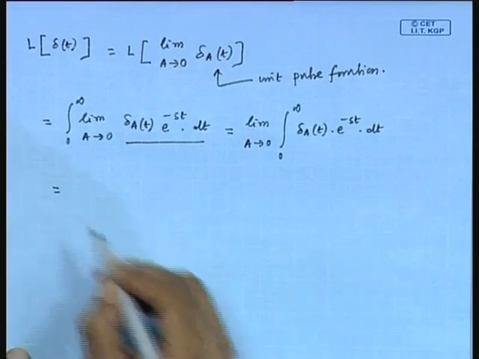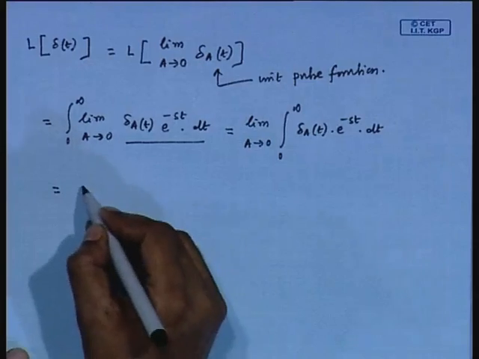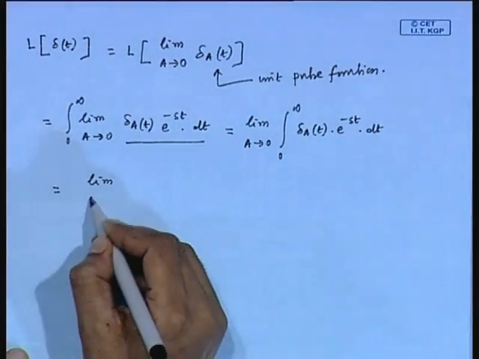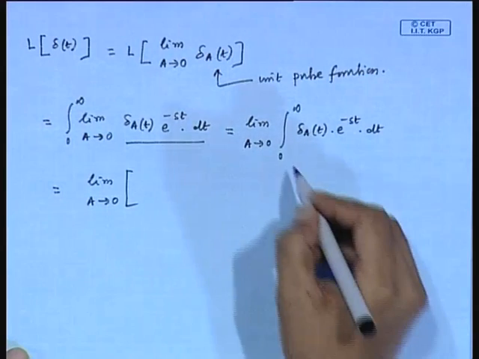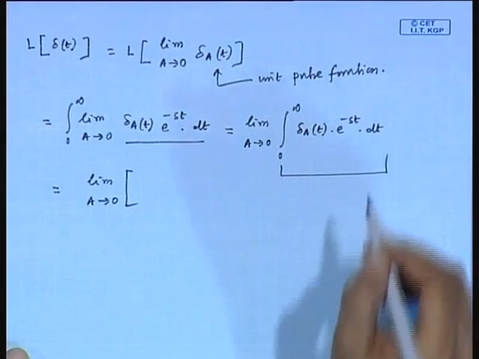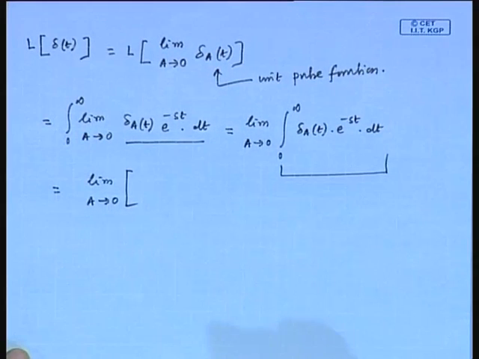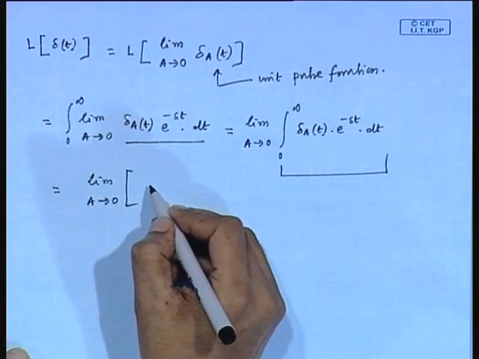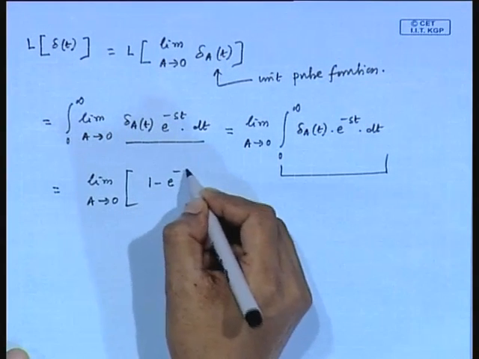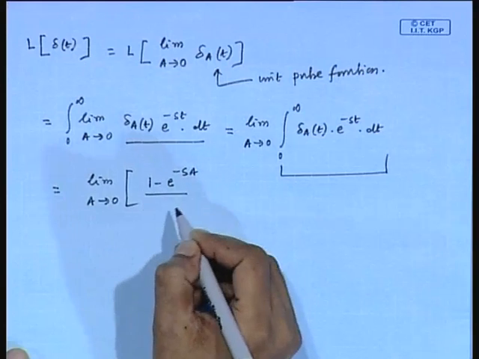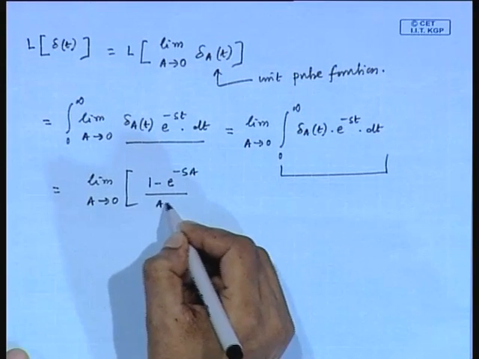This is equal to the limit as a tends to 0 of, and this part we have already calculated, (1 minus e to the power minus sa) divided by as.